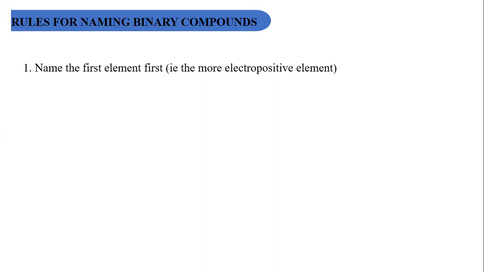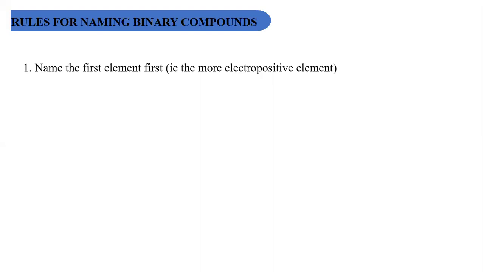Sulfur has a better ability to become positively charged than oxygen has. In elective chemistry, I would have been telling you that the ionization energy of sulfur is lower than the ionization energy of oxygen. So it will be easier for sulfur to form positive ions than it will be for oxygen. So sulfur is named first in that example.